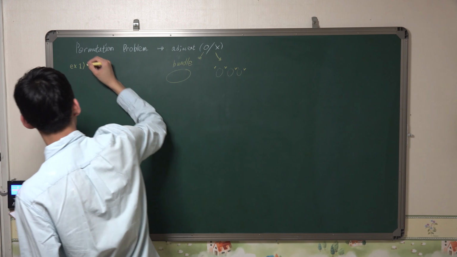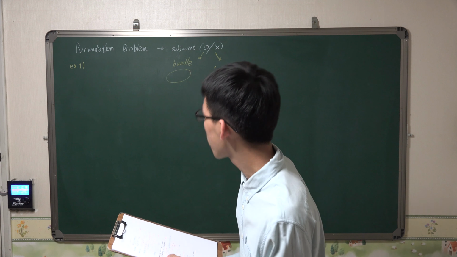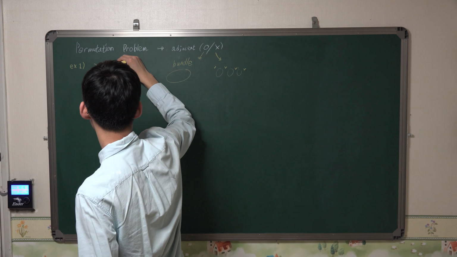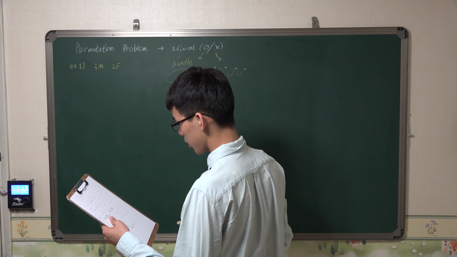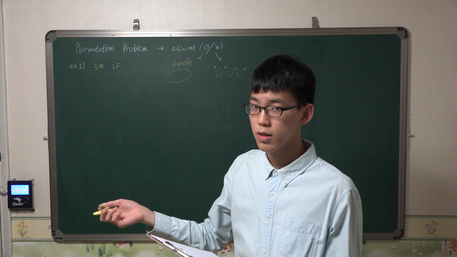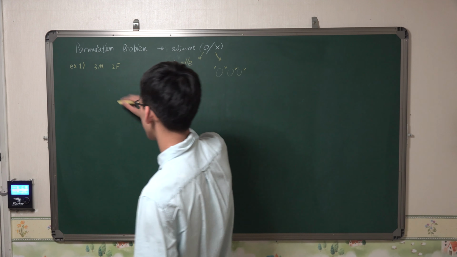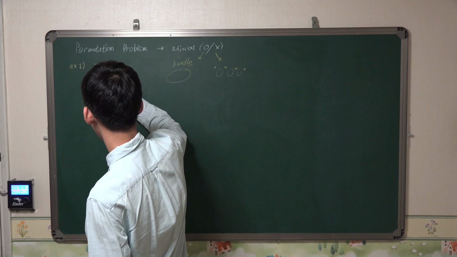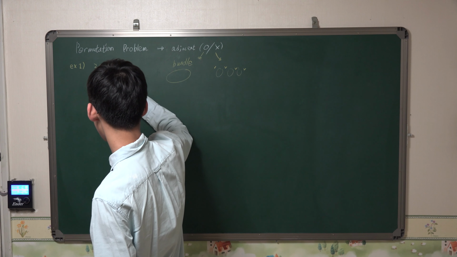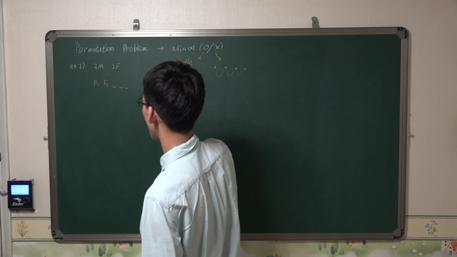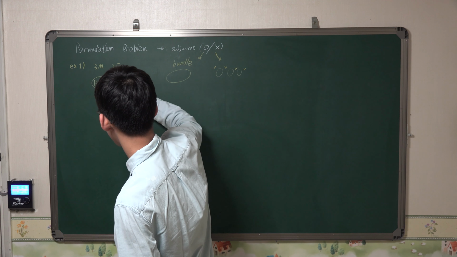So example 1: if there are 3 male and 2 female, and the 2 female have to sit continuously, we have female 1, female 2, and 3 male.